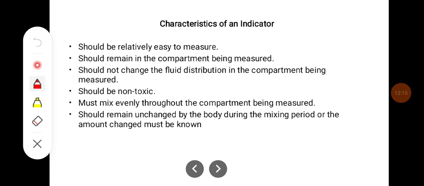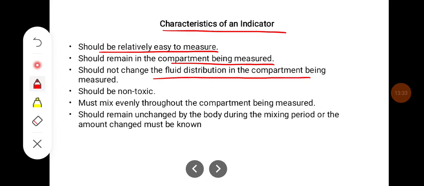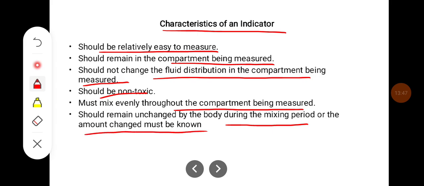The indicators used for measuring body fluid compartments should have certain characteristics: they should be relatively easy to measure, should remain in the compartment being measured, should not change the fluid distribution in that compartment, should be non-toxic, must mix evenly throughout the compartment, and should remain unchanged by the body during the mixing period, or the amount changed must be known.